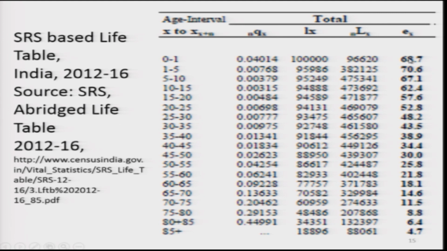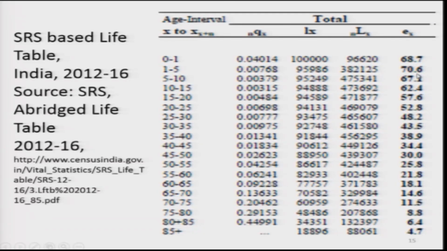That is because life expectancy at any age summarizes the mortality experiences at that age and ages above that, and it does not depend at all on mortality experiences of ages prior to that. So this 70.6 does not depend on infant mortality. This 70.6 depends on mortality experiences at all ages above 1. Okay, this is one interesting thing.